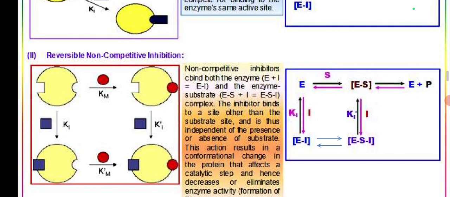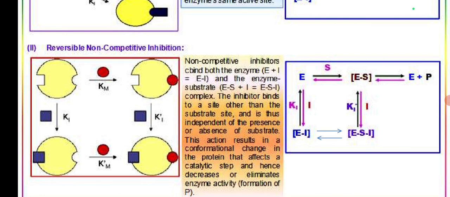Next, under the reversible condition, non-competitive inhibition. Non-competitive inhibitors bind both the enzyme, forming the enzyme inhibitor complex E plus I, and the enzyme substrate complex, forming the enzyme substrate inhibitor complex.